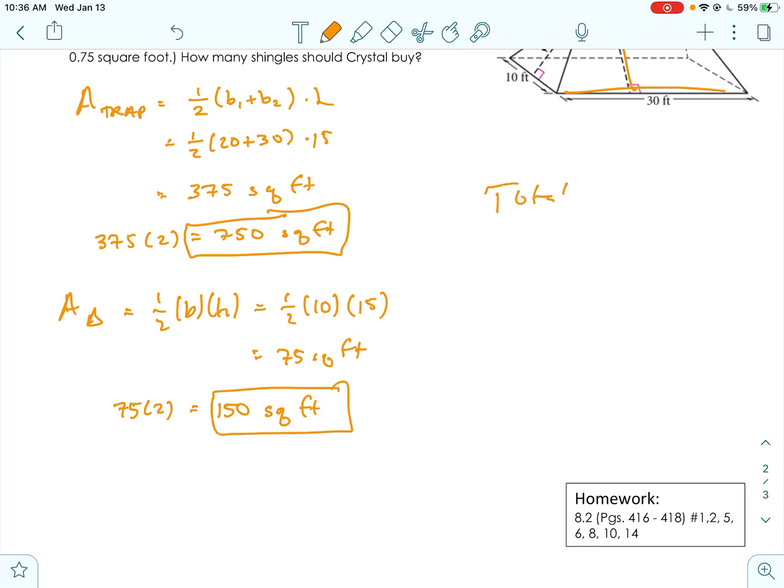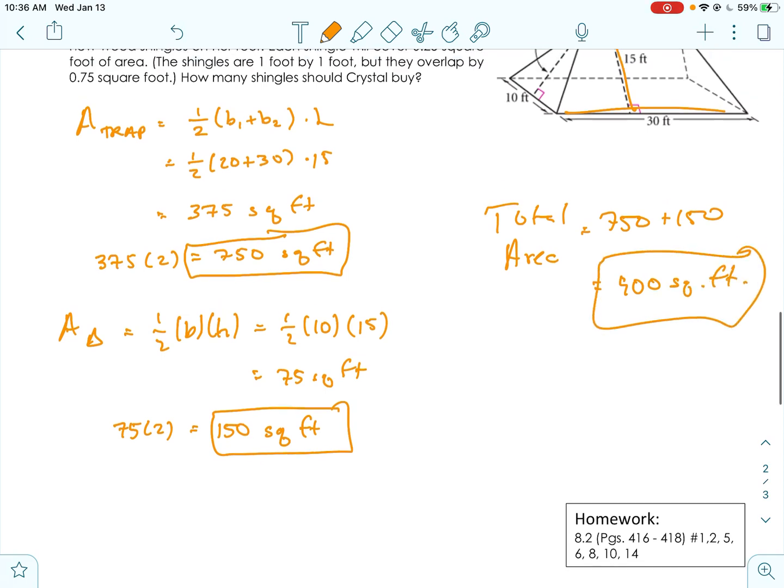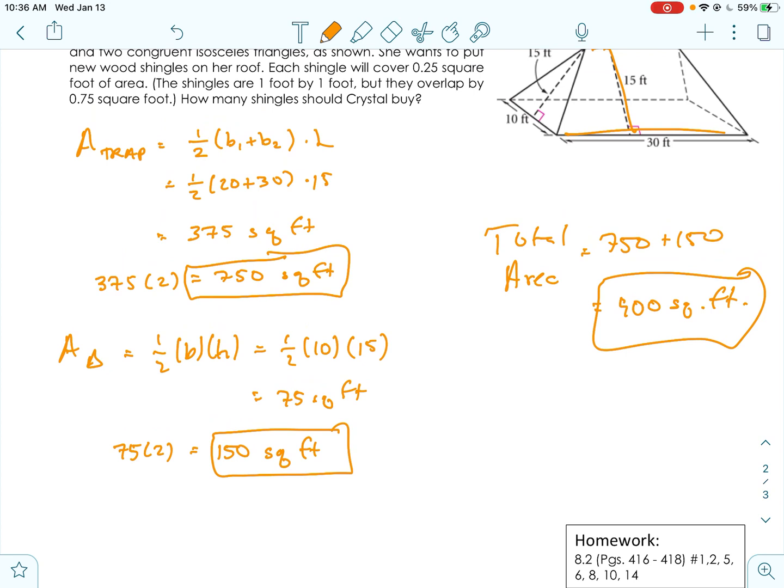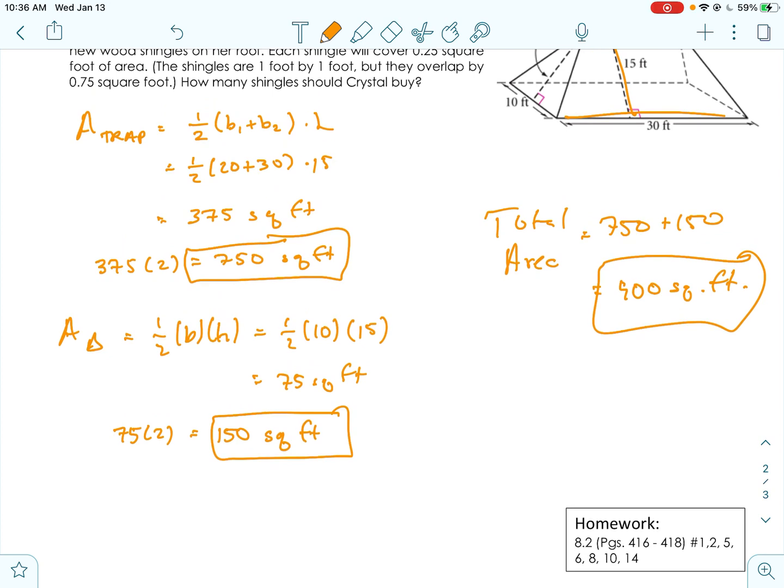So total area would be equal to 750 plus 150, which would give us 900 square feet. To figure out how many shingles there are, we know that each shingle will cover 0.25 square feet.